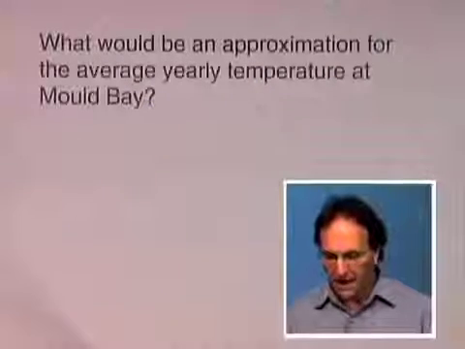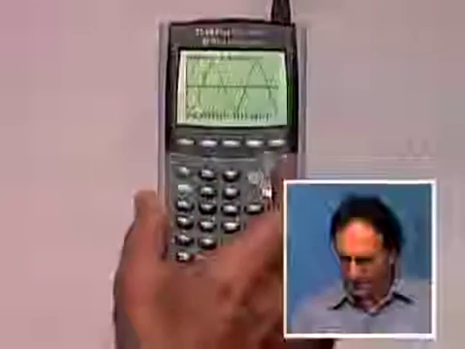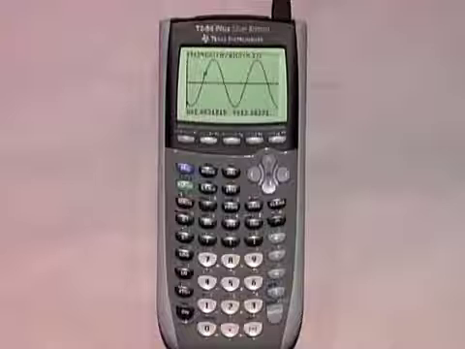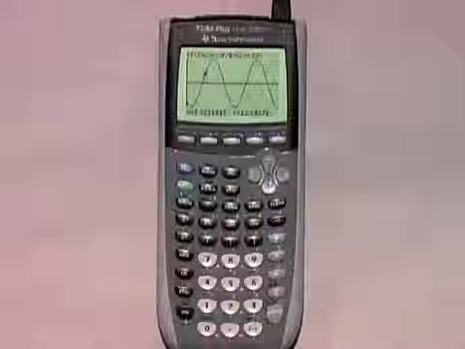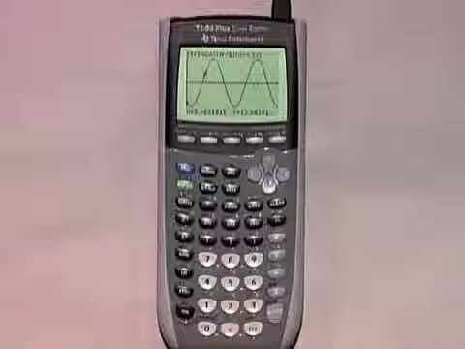Next, what we can do is part C. So let's bring in this. And it says, what would an approximation for the average yearly temperature be at Mold Bay? So if I take a look at the graph again, what we'll notice on this graph is that vertically speaking, which is the y value, we can see that it's more or less centered around the line y equals 0. So let's take a look at that.